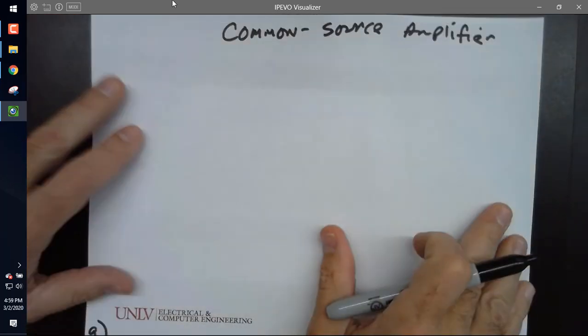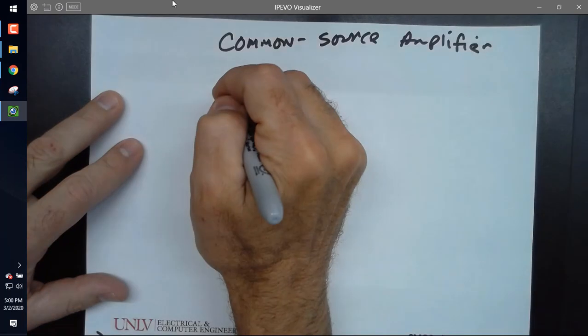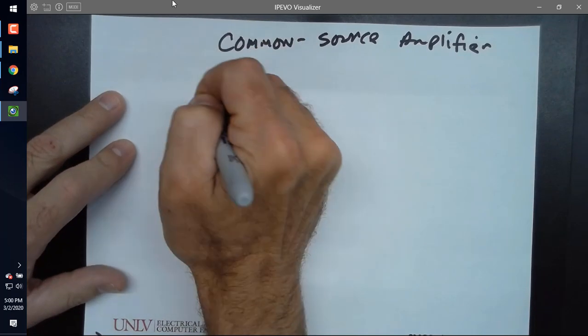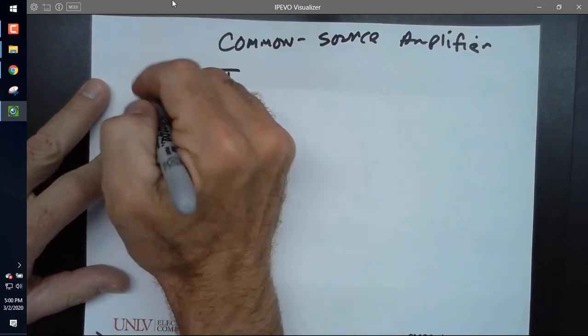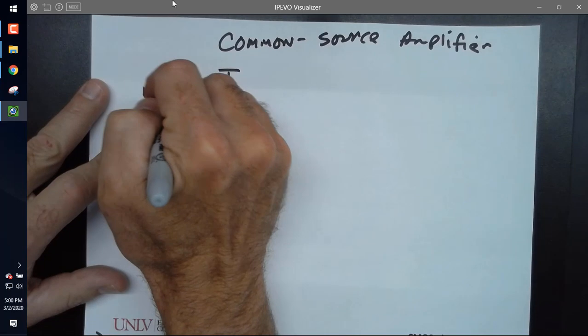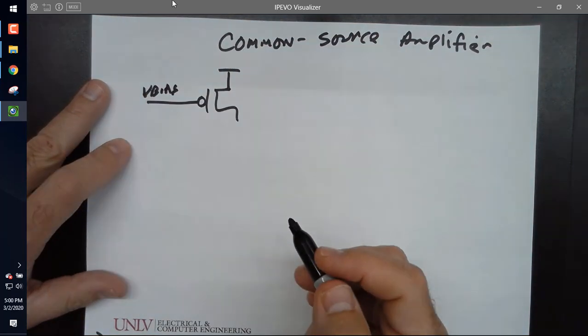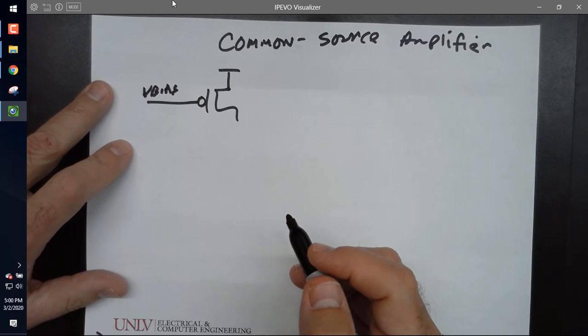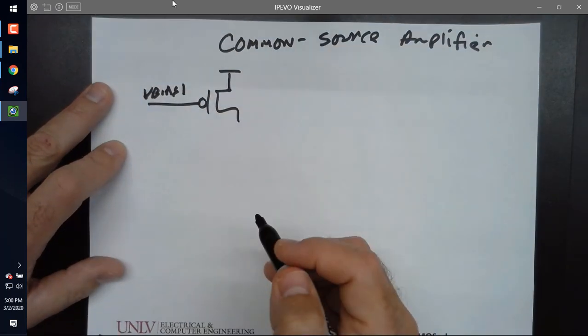Actually, I'm going to go hog wild here. Call this V bias. What do I bias the PMOS with from our bias circuits? We just went over it, like backwards and forwards. V bias 1.